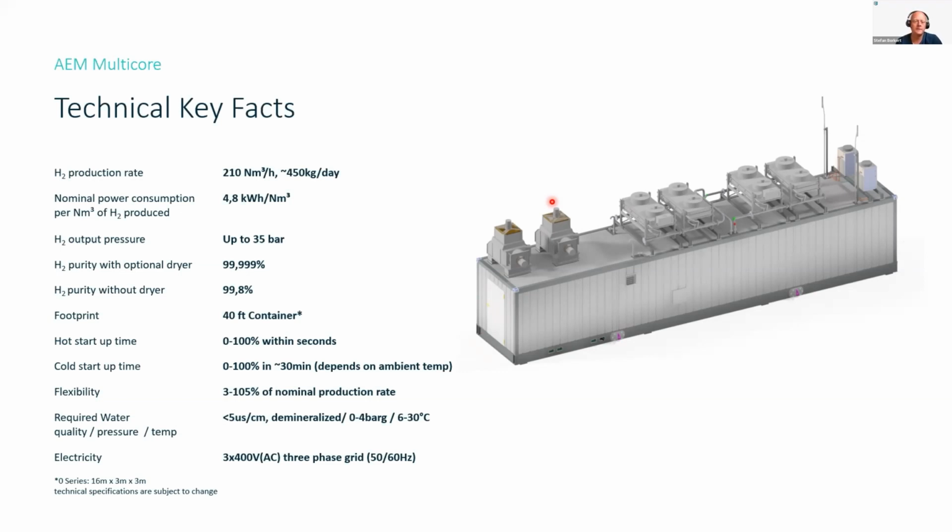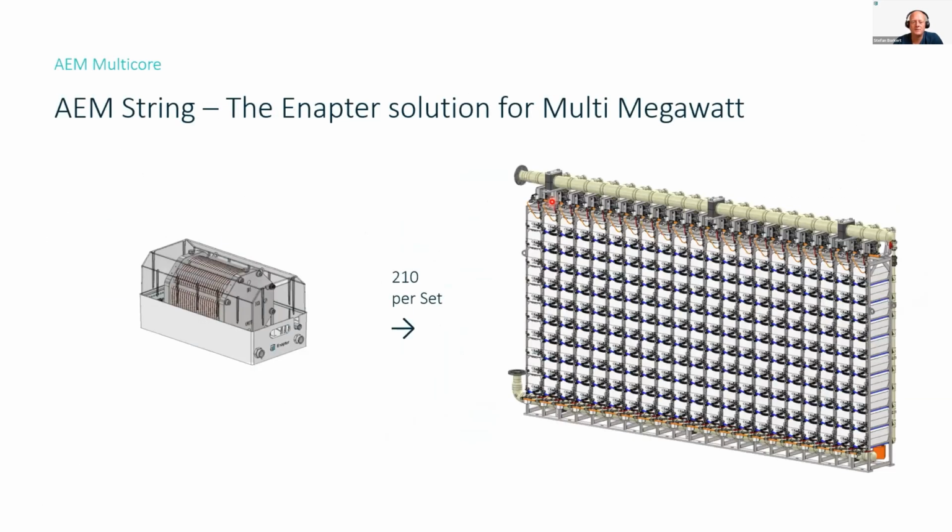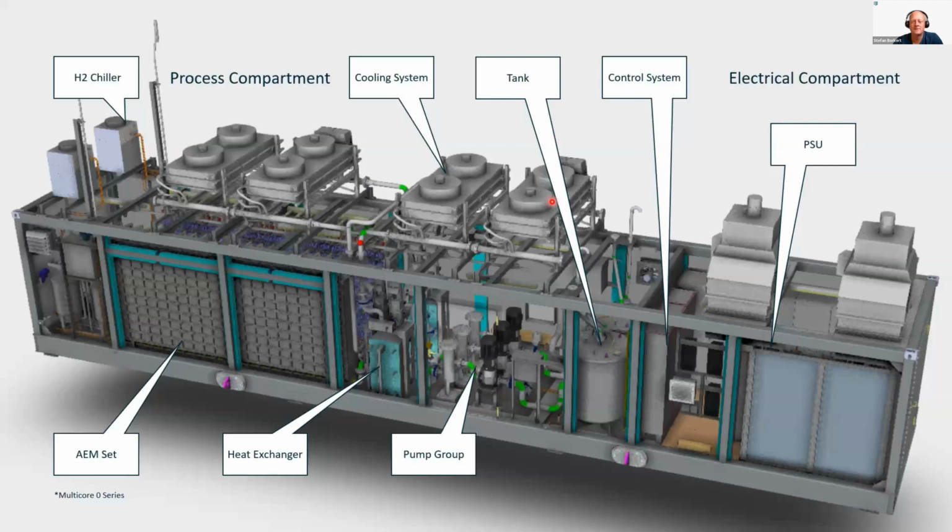Good, thanks for that. And then there is a question on the hydrogen chiller. So the question is if the cooling of the hydrogen gas is directly done by the chiller. Yes, the cooling. So we will cool down the hydrogen up to 5 degrees. This will reduce all the moisture which we have, and then it will go in our dryer.